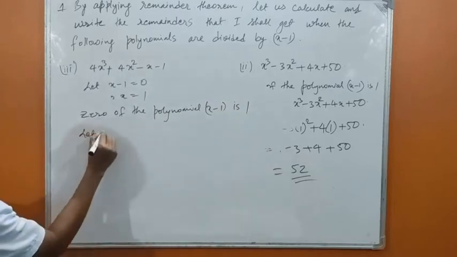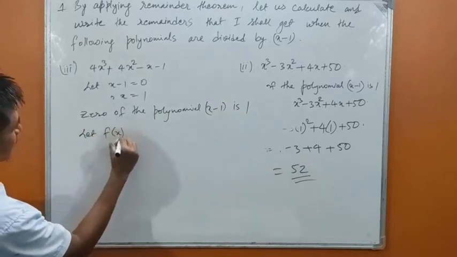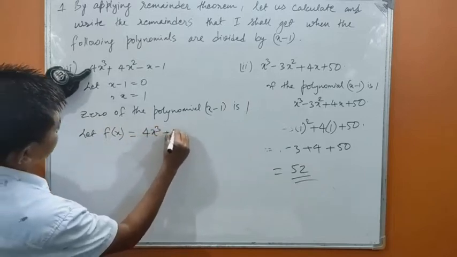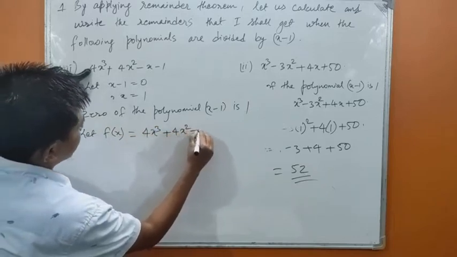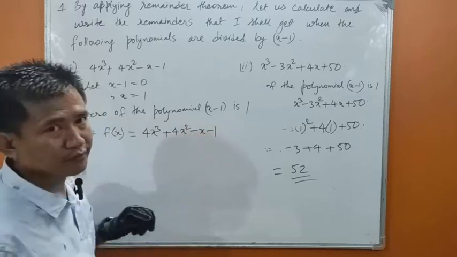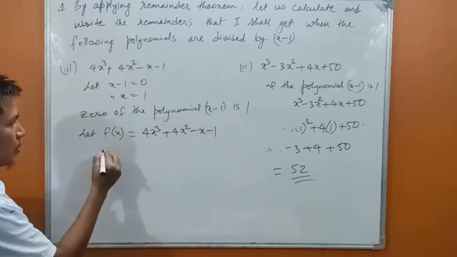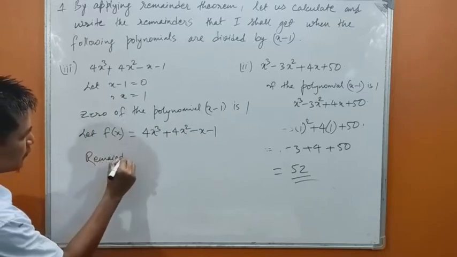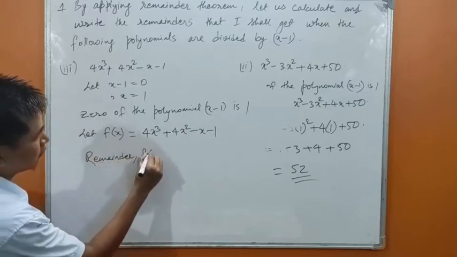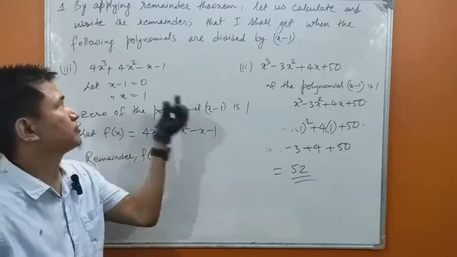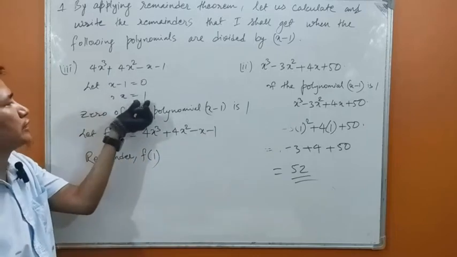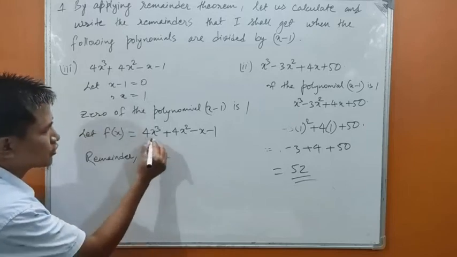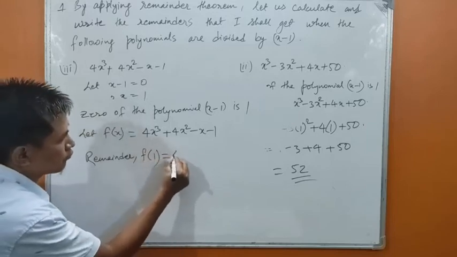Let f(x) equal 4x cubed plus 4x square minus x minus 1. Are you getting me? So the remainder will be f(1), isn't it? The 0 of the polynomial is 1, x equals 1, so instead of x we write 1.